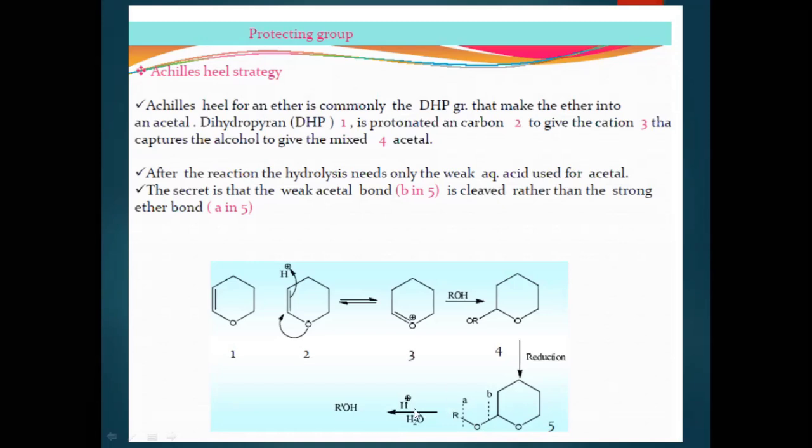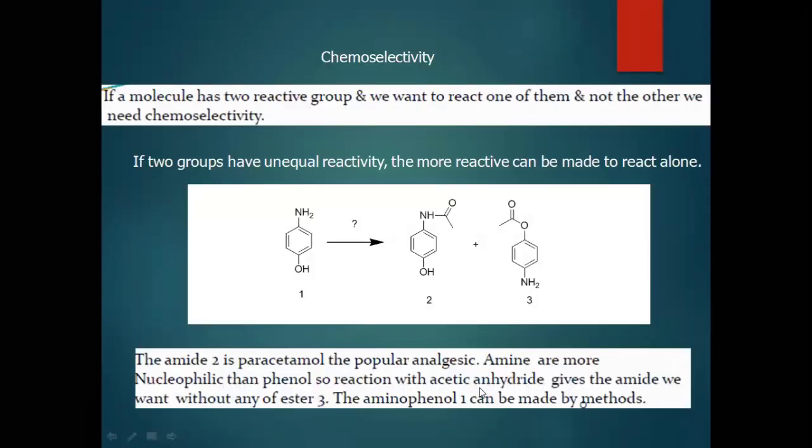Then at the end, you need to deprotect this protected OH in order to get the free OH, because you have performed your intended reaction on this particular R and converted it to R dash. Now you will get R dash OH after the hydrolysis. Most of the time, for the deprotection, weak acid is sufficient to cleave the bond. Like in this case, this acetal is a weak bond to cleave, and it is the most preferred one.